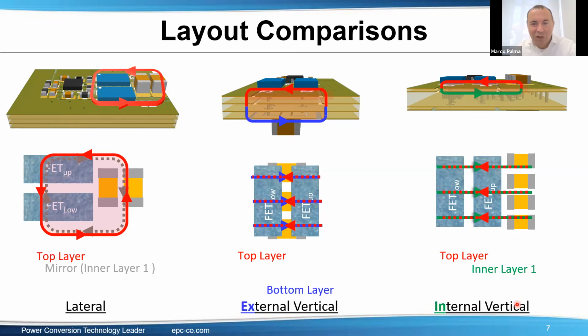So the answer is for sure, what you do with the GaN FET, you are paralleling half bridges. You're not paralleling the FET. To give you an example by annotating here, imagine I want to parallel.